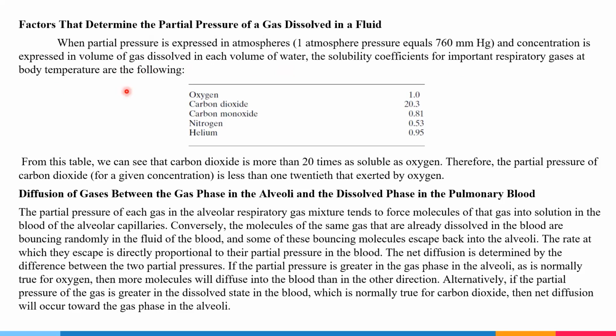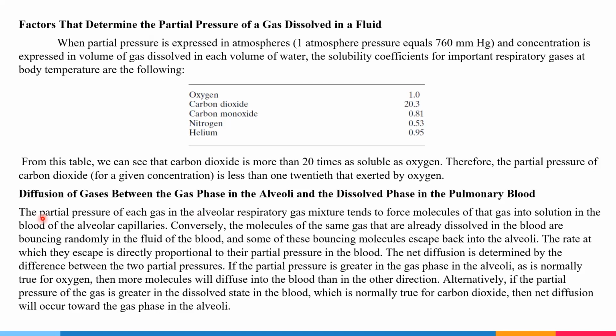We can see if oxygen is taken with a solubility coefficient of 1, carbon dioxide has a solubility coefficient of 20.3. That is, carbon dioxide is 20 times more soluble in water than oxygen. Therefore, the partial pressure of carbon dioxide for a given concentration is less than 1/20th that exerted by oxygen as it is dissolved in a particular tissue or water.